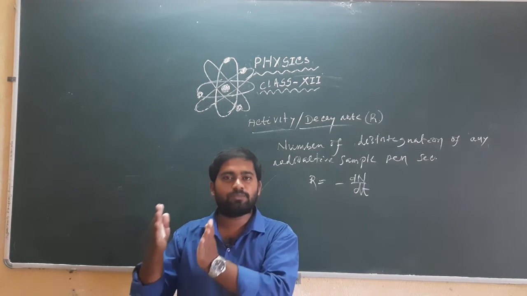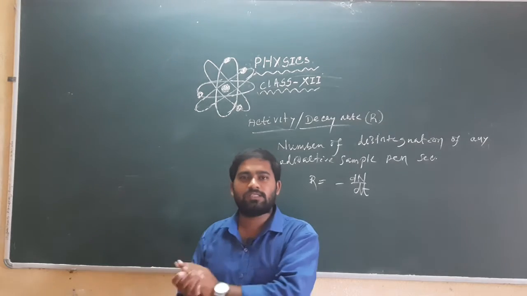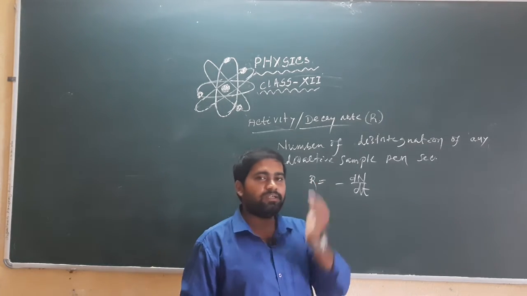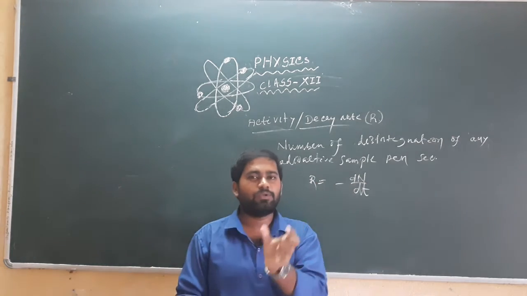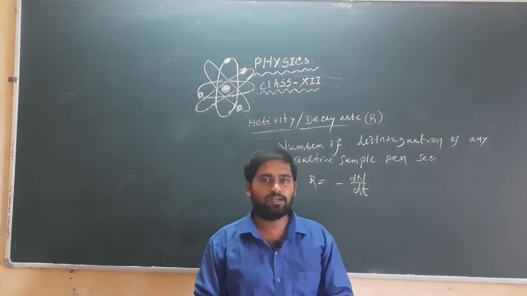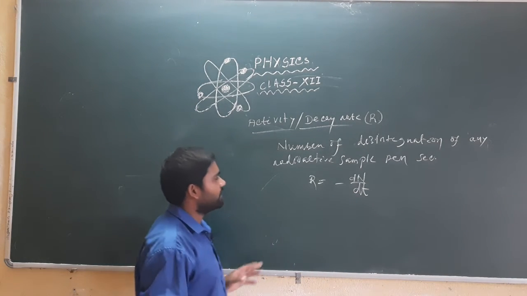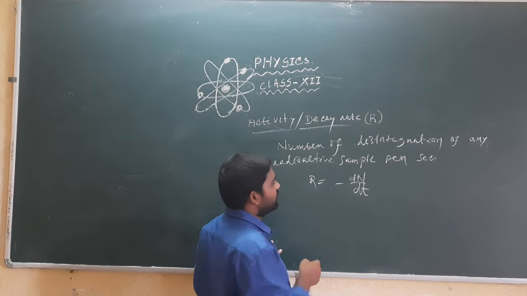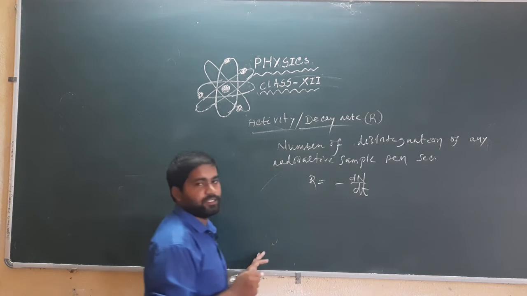As we proceed, first second, second second, third second, in each second 10 samples decay from the material. So the activity R equals minus dN by dt.